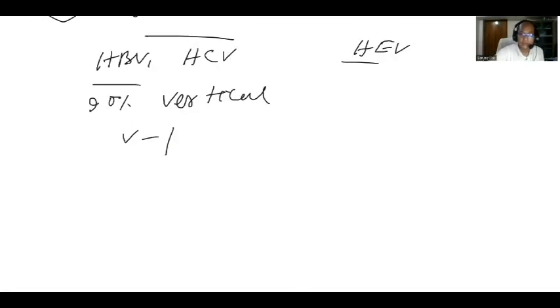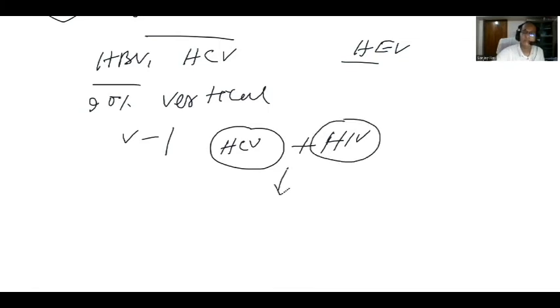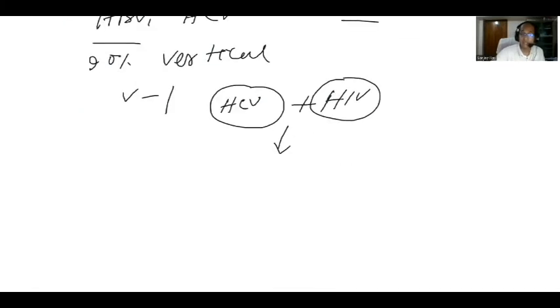Now, hepatitis C virus. Vertical transmission of hepatitis C virus is very low, but if the mother is co-infected with HIV, human immunodeficiency virus, then the chance of vertical transmission is very high.